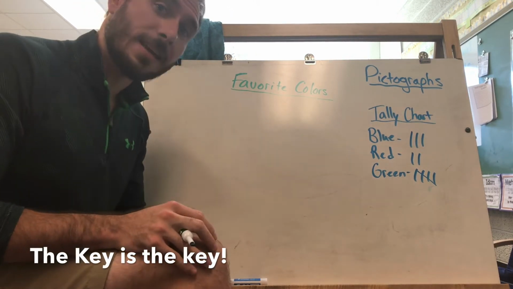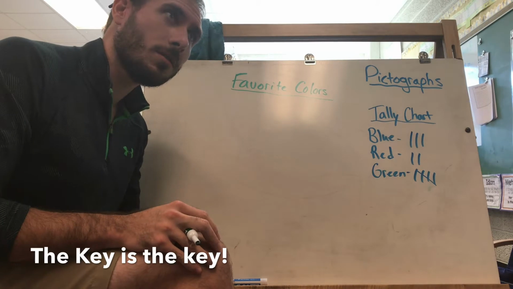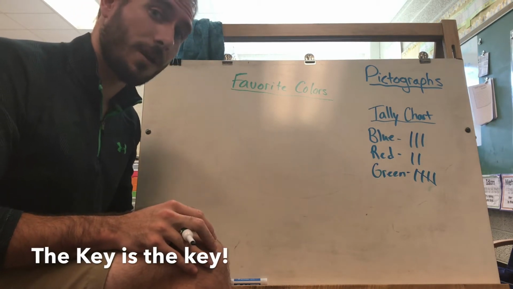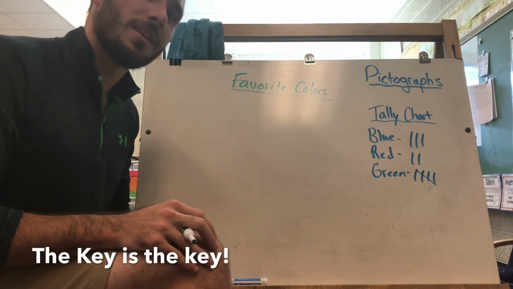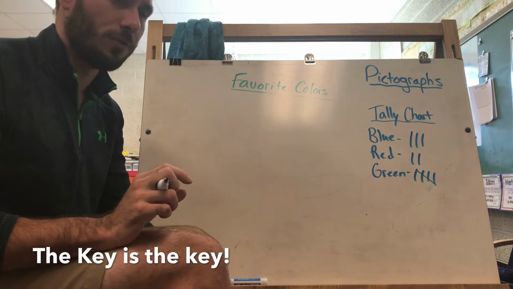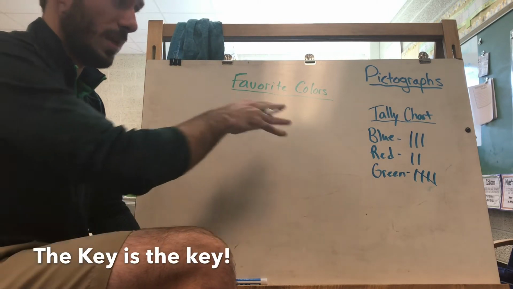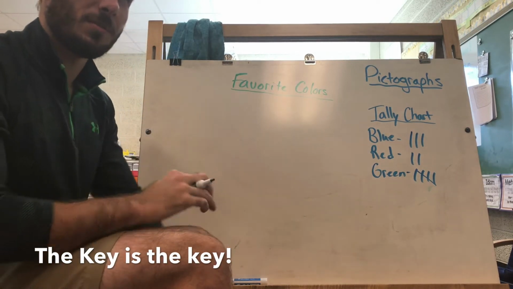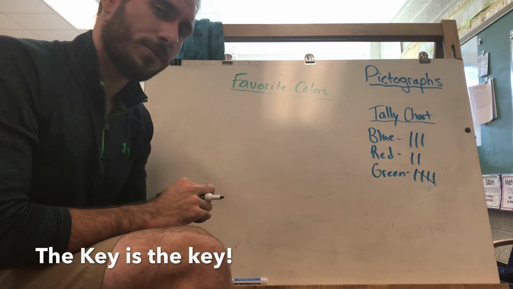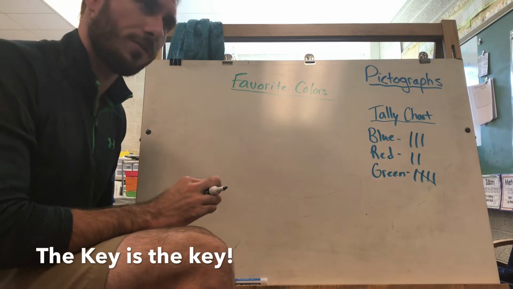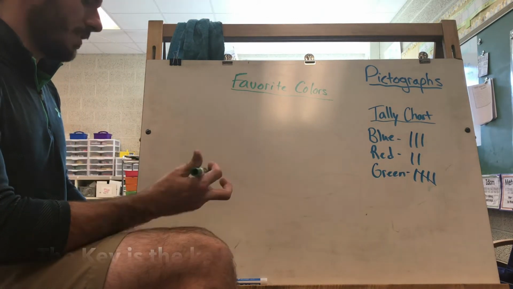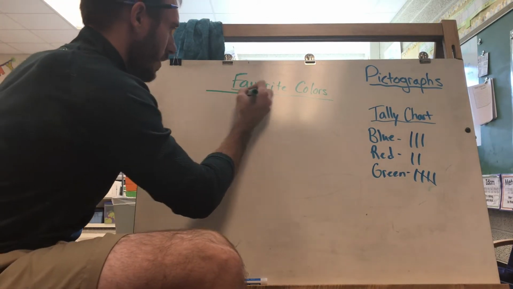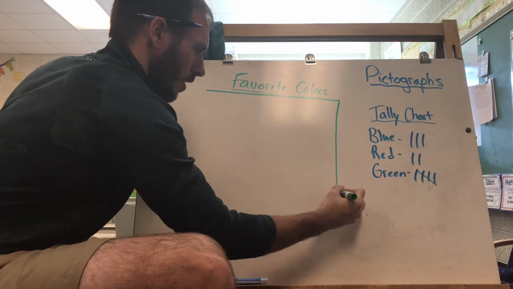The key is the key because the key tells you exactly how to read the pictograph, and it might be different than other pictographs because you have to be very, very careful. And I'll show you in our picture here when we start to make it complete. You're going to see something that's not normal in bar graphs, but very normal in pictographs. Okay? So we need to add a key. So let me just make a box here so we can at least put our graph in to start.